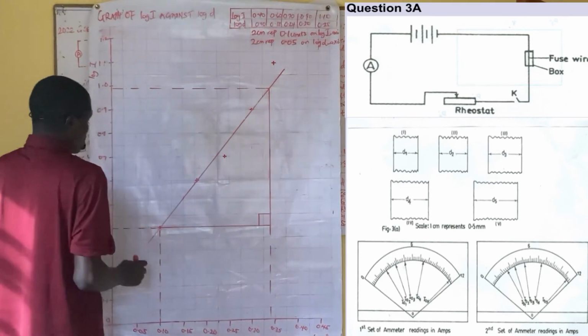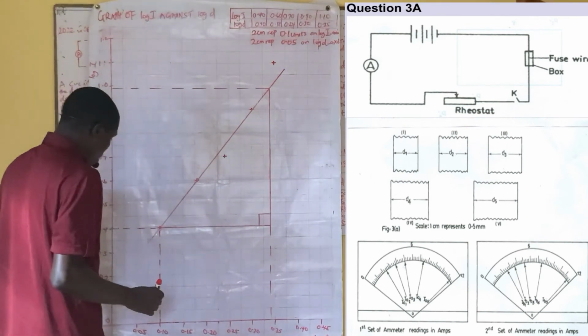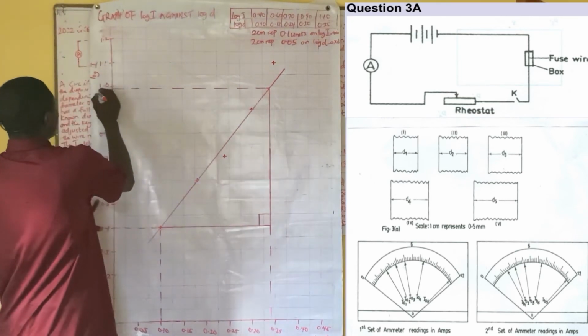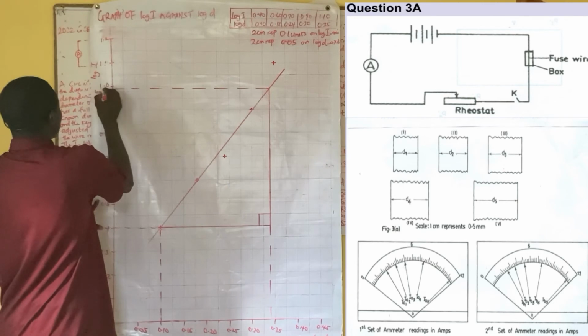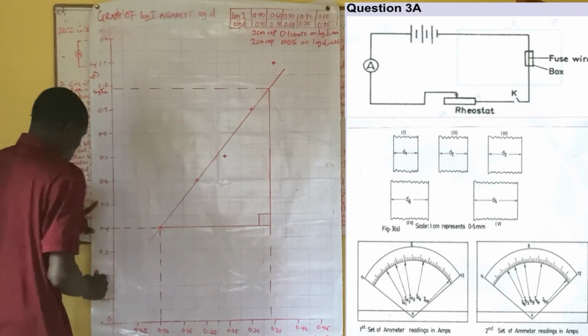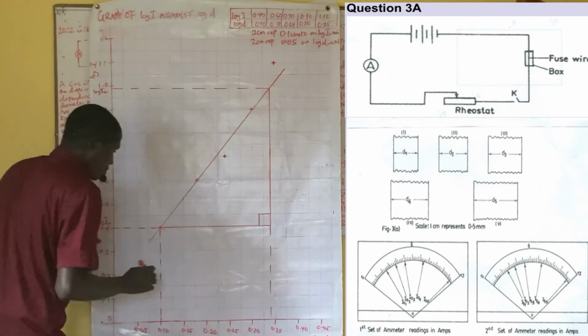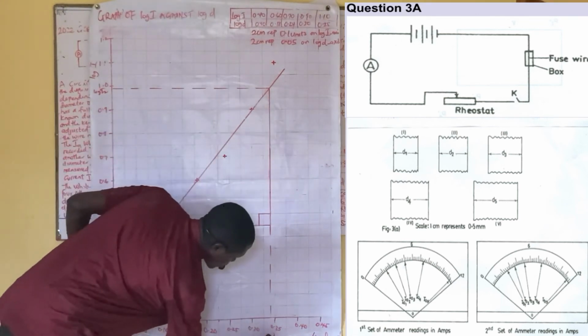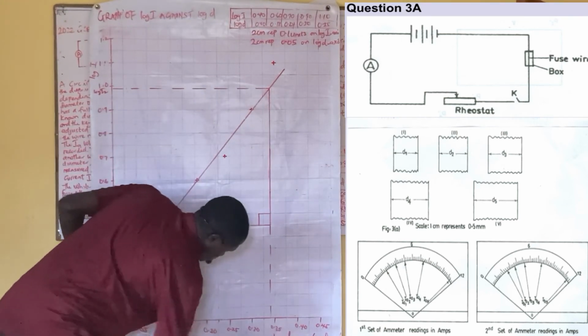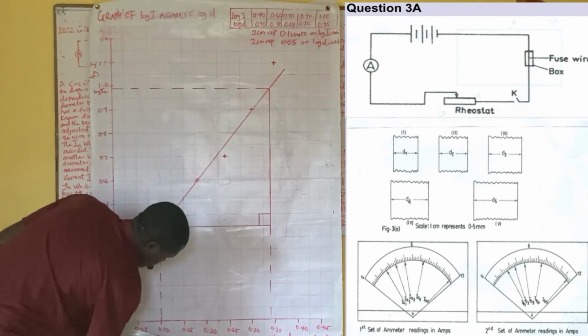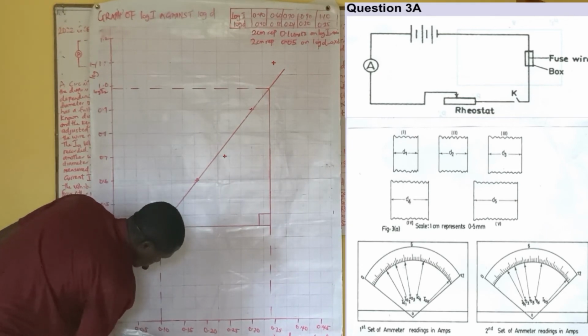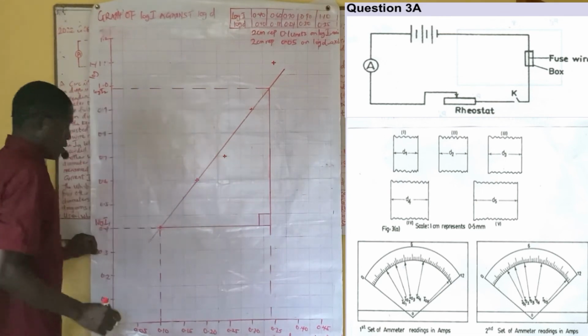Here we are going to have log I2, log I1, log D2, then log D1.